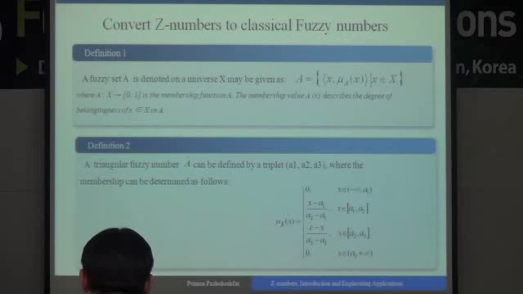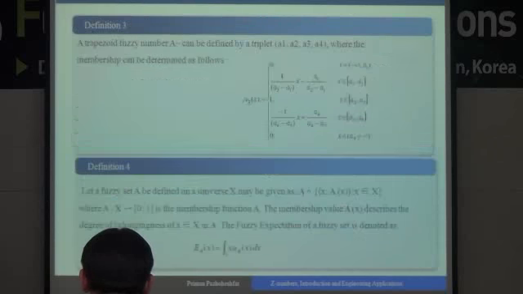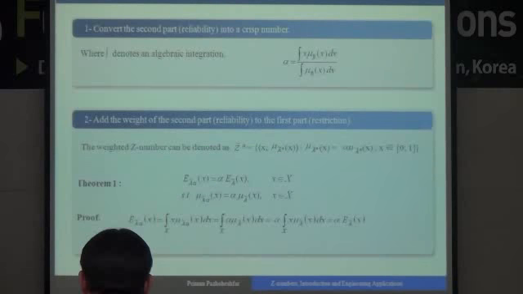Here are some definitions. As I said, in the Z numbers, we should consider A and B as trapezoidal or triangular fuzzy numbers. In the first step, we convert the second part, which is the reliability, to a crisp number, and we name it alpha.